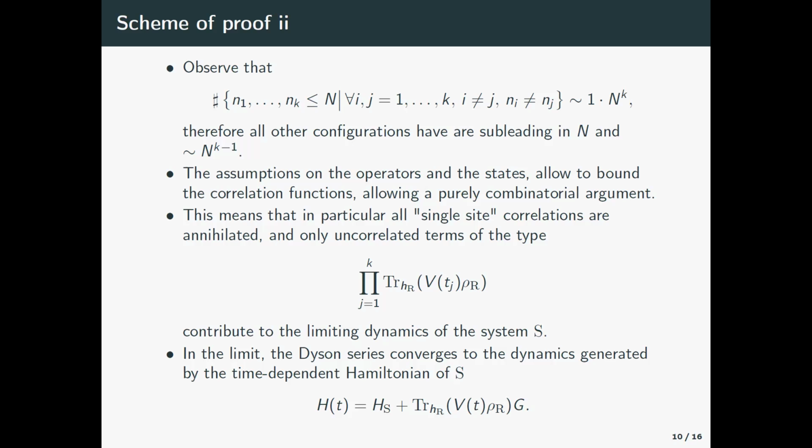So this is why we get a much simpler dynamics. One just resums the Dyson series, and in this case gets this kind of effective Hamiltonian. So we find that the dynamics is generated by this effective Hamiltonian.